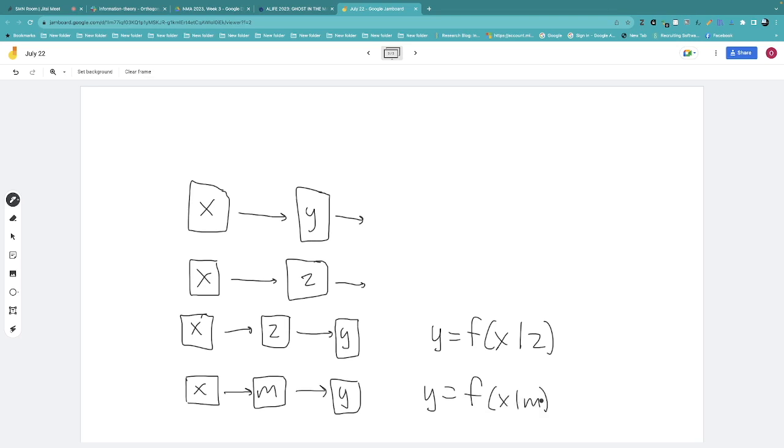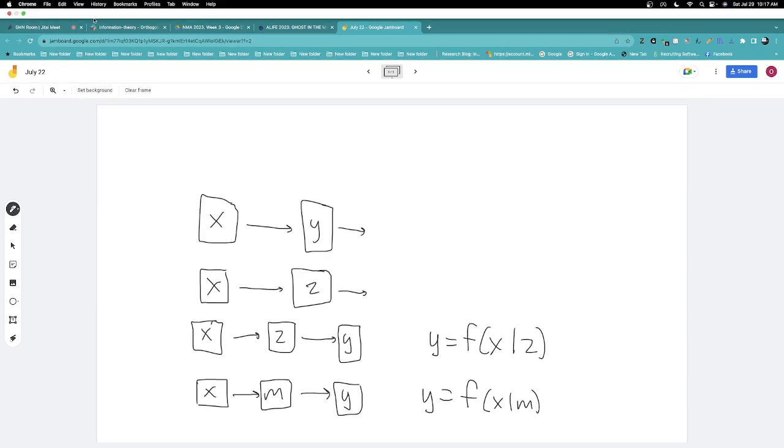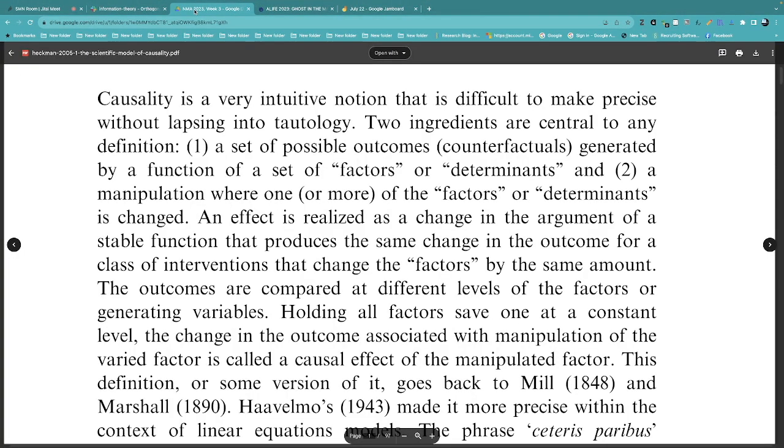And what's the output? Is it the same or is it different? So you make these different considerations. And it's like an experiment where you might replace one thing with another, or you might reduce the thing that's supposed to have an effect, and you'll see what the difference is between them.